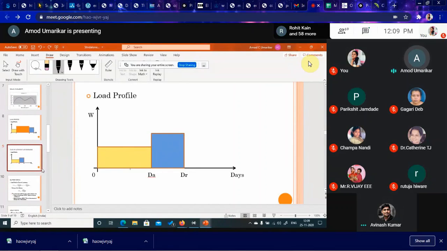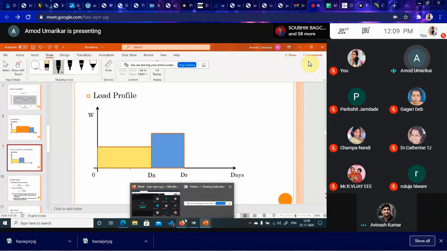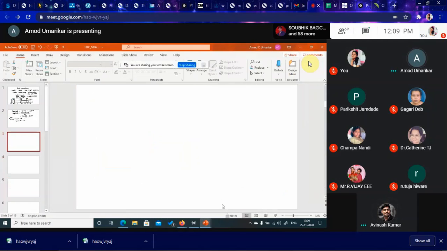This is called autonomous operation. What is autonomous operation? It is the operation when solar PV is not available.